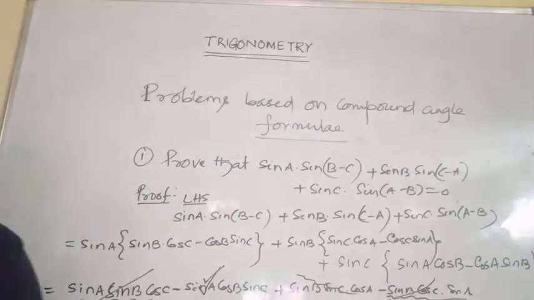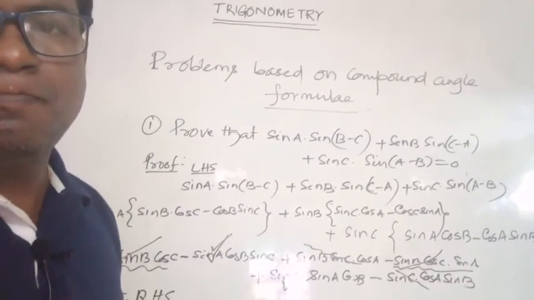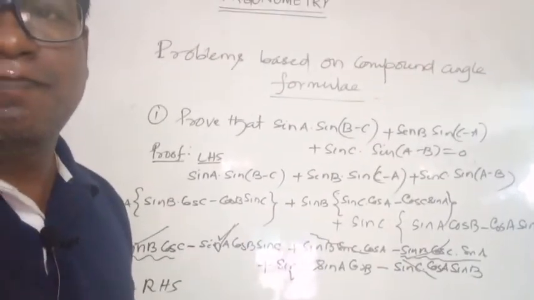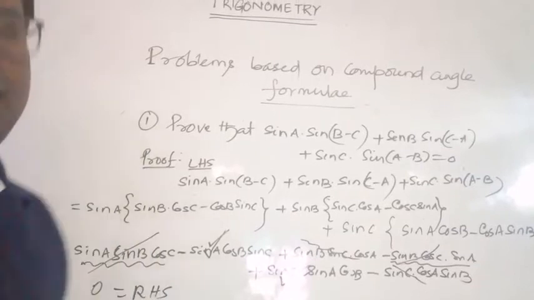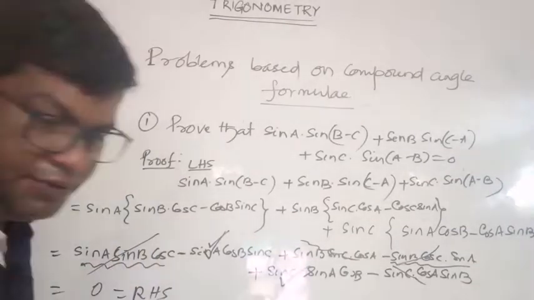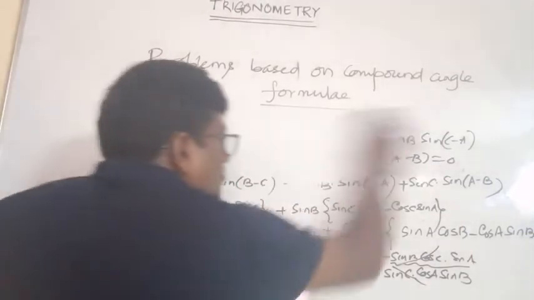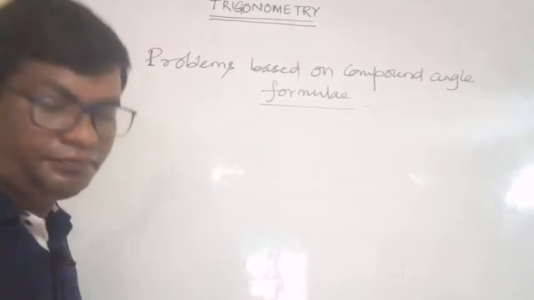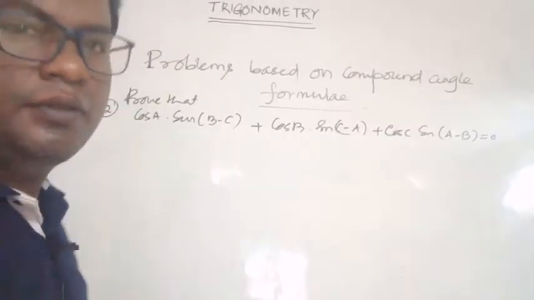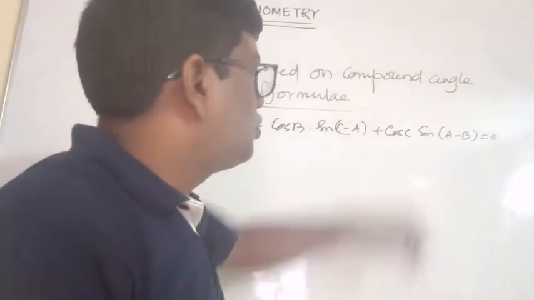Now another question. This is your question: cos A into sin (B minus C) plus cos B into sin (C minus A) plus cos C into sin (A minus B).